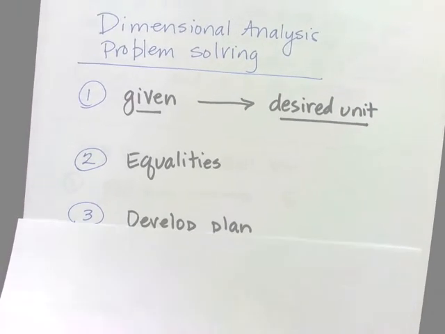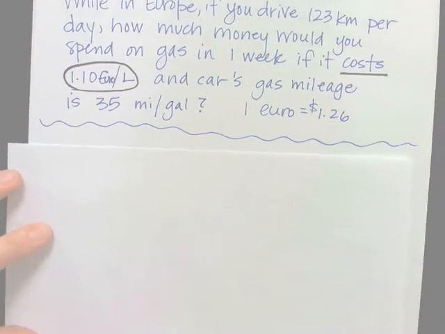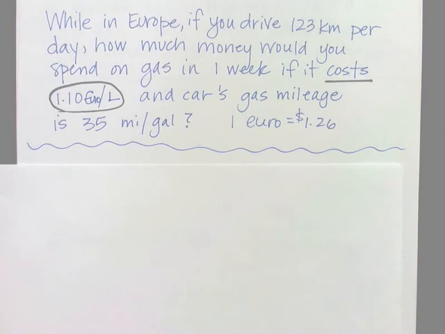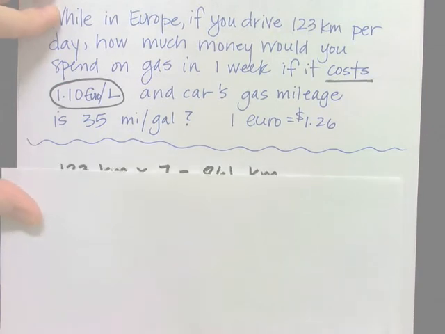So a sample homework problem that someone emailed me is that you're driving 123 kilometers per day, so how much money would you spend on gas in 1 week? And then you're given some various information about the car that you're traveling and how much gas costs and things like that.